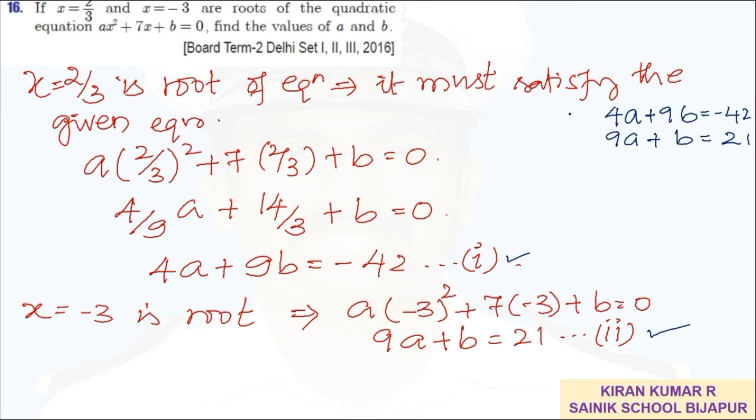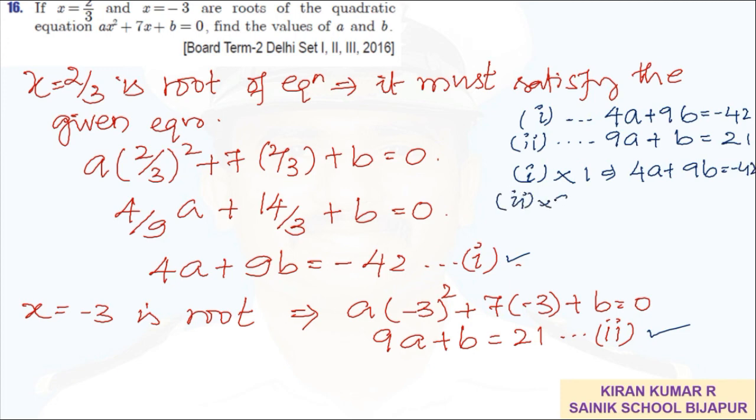Suppose if I consider this equation as 1 and this equation as 2, I need to multiply equation 1 with 1 to get the equation as it is, and equation 2 has to be multiplied with 9 so that b term will be eliminated.